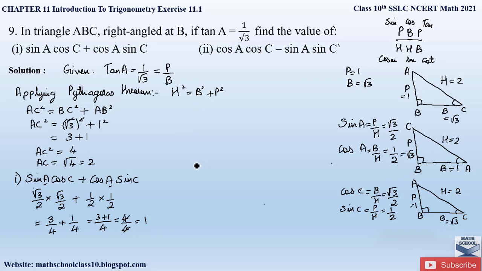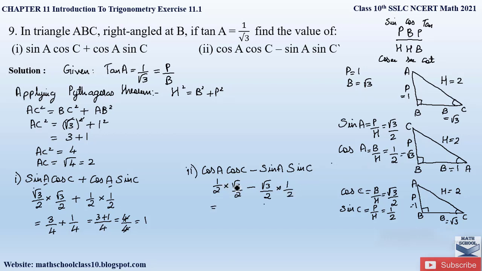Similarly, let us find out the second part of the question. The second part of the question is cos A cos C minus sin A sin C. So here what is the value of cos A? We have already found out, it is 1 by 2 into cos C, it is √3 by 2, minus sin A is √3 by 2 into sin C is 1 by 2.